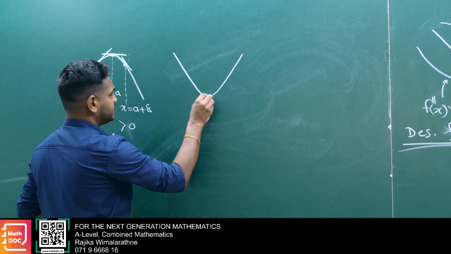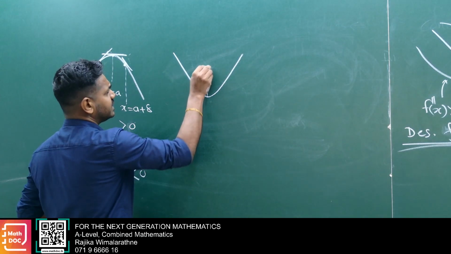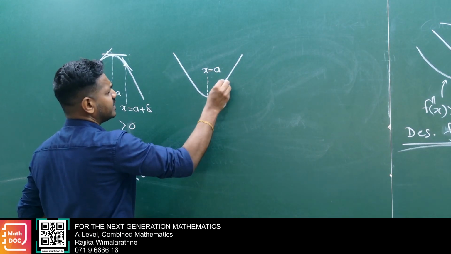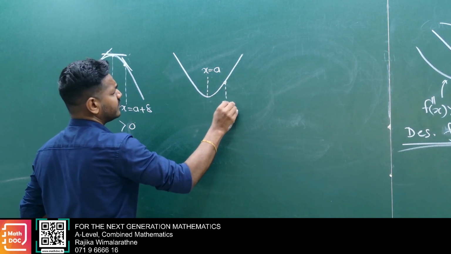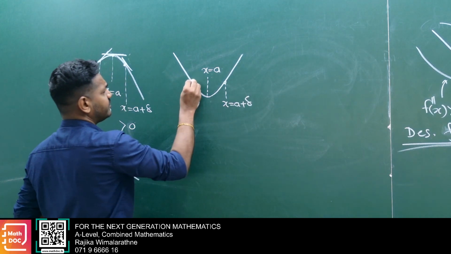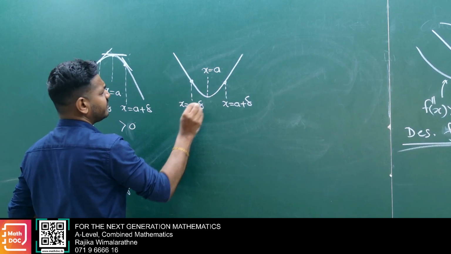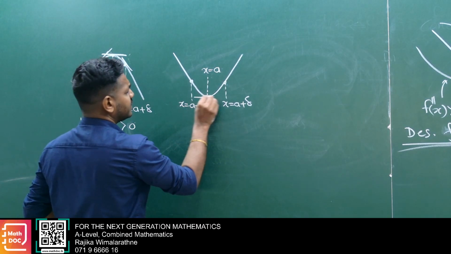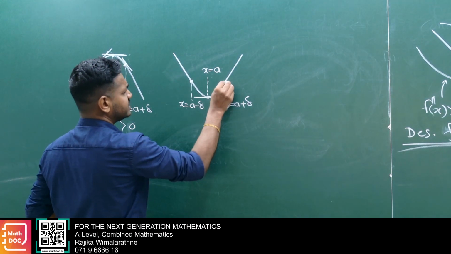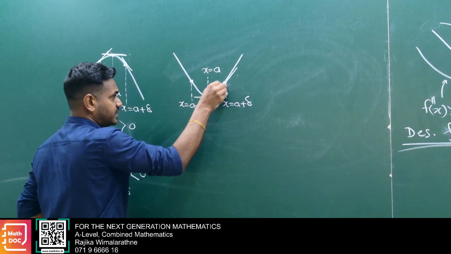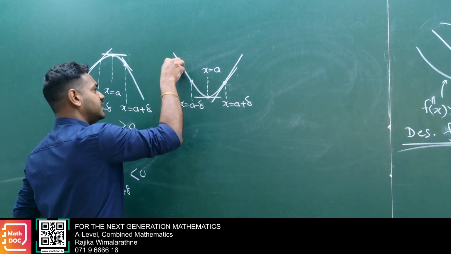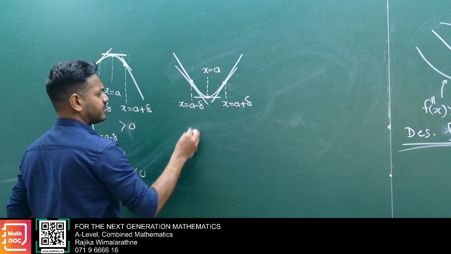Then similarly here, you consider x equals a. Here x equals a plus delta, here x equals a minus delta. Here parallel to x-axis, here acute angle, here obtuse angle gradient.